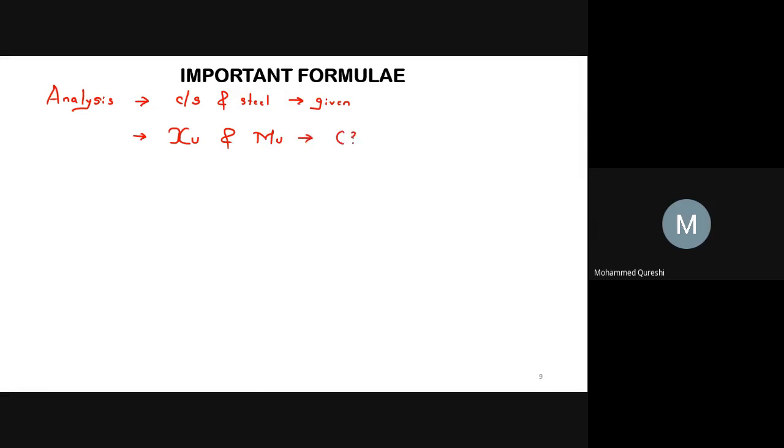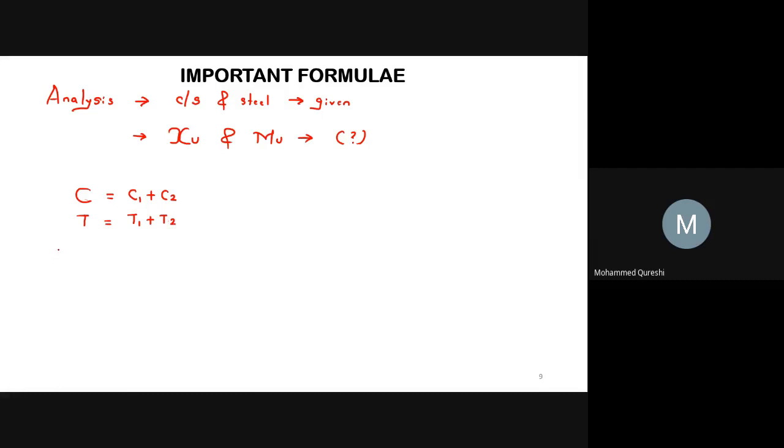Both these values are unknown to us and we have to calculate both the values, that is depth of neutral axis and value of Mu. So as we had seen earlier that total compression, that is C, will be equals to C1 plus C2 and total tension T will be equals to T1 plus T2.